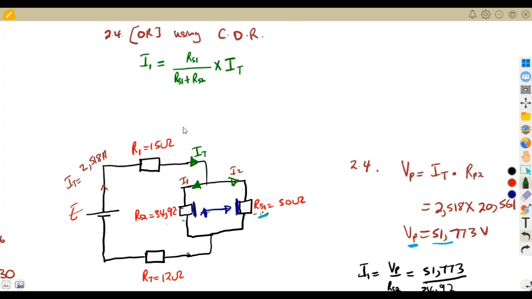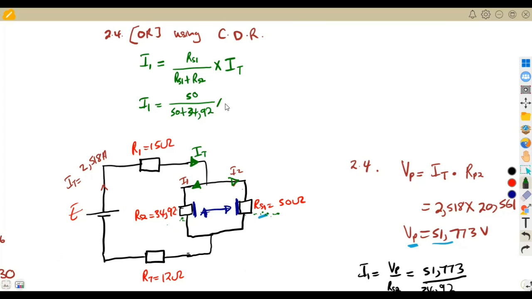So from your current divider rule, our current 1 is going to use the resistor opposite to the one whose current you are calculating on top. So that is going to be 50 over the sum, 50 plus 34.92.